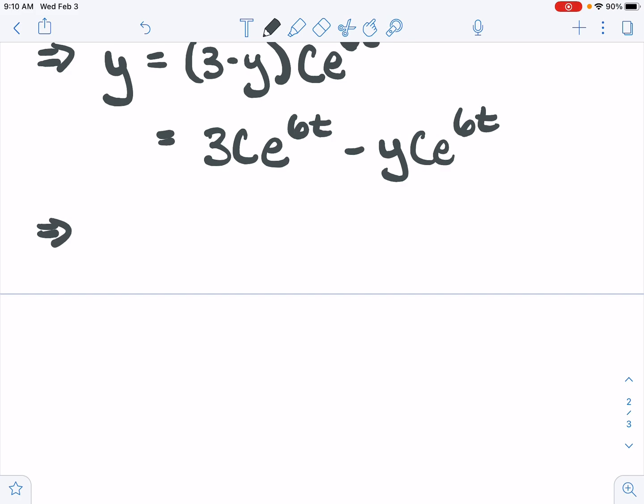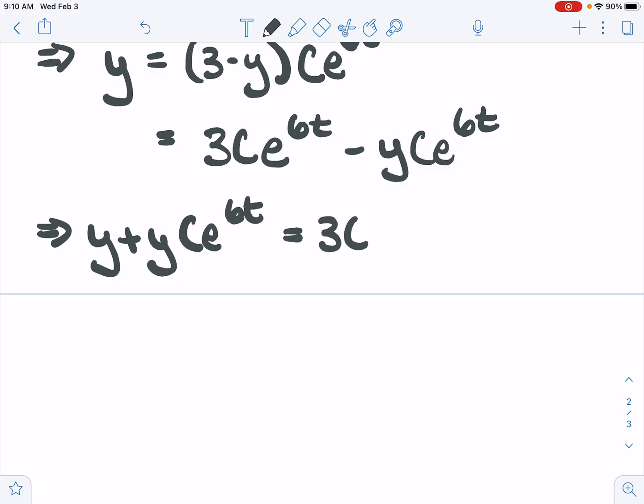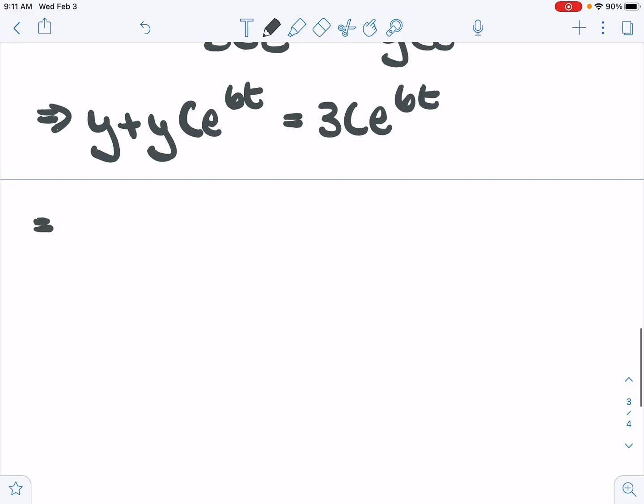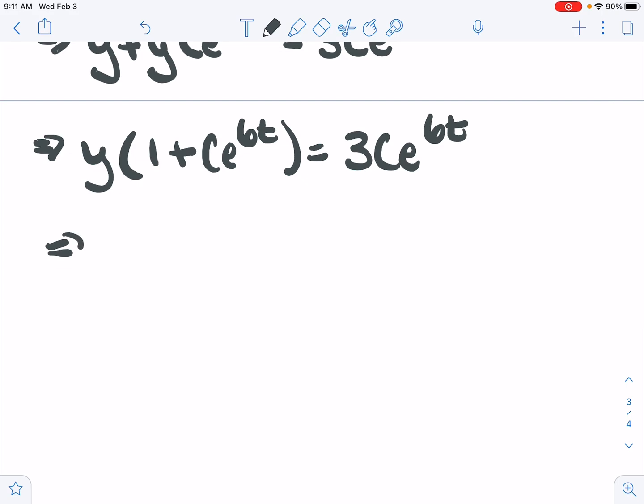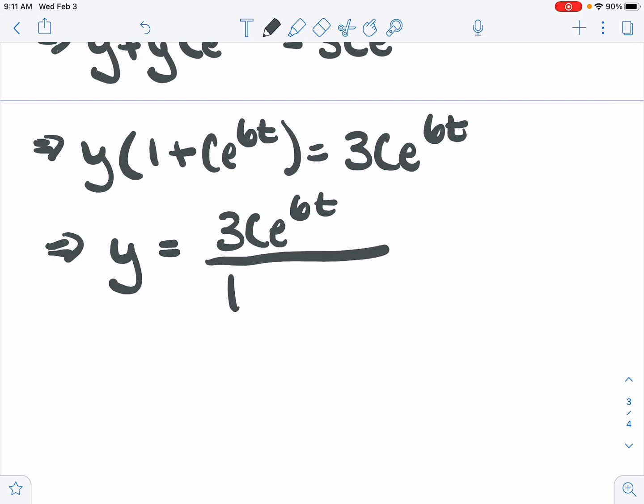Now putting everything with a y on the same side, we have y plus yC e to the 6t equals 3C e to the 6t. Factor y out of the left-hand side. y times (1 plus C e to the 6t) equals 3C e to the 6t. And finally, divide so that y equals 3C e to the 6t over (1 plus C e to the 6t).